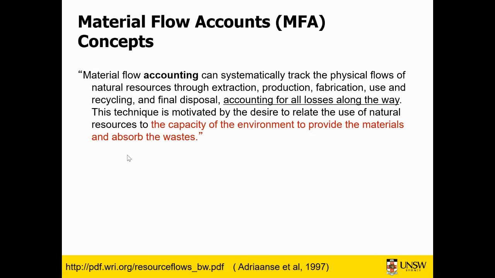But here we are looking at mass of flows, like we extract this much from nature. And in here, we do not characterize how much nature can supply. It's just more to understand how much we are demanding.